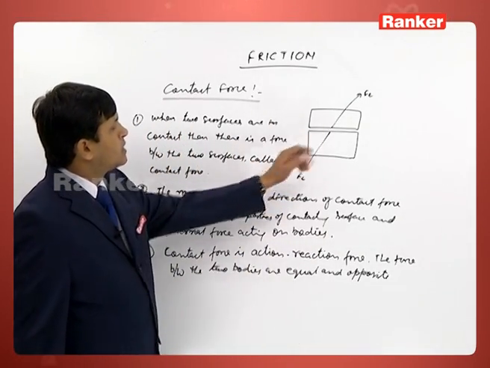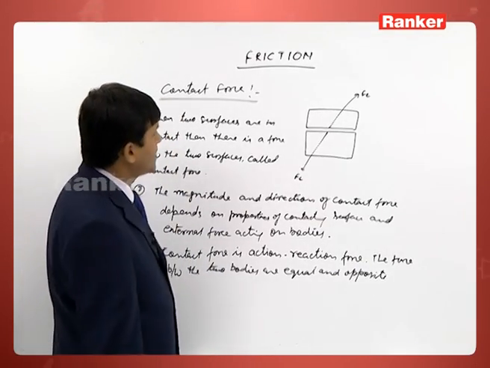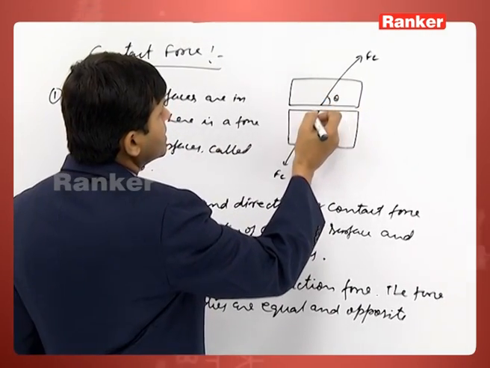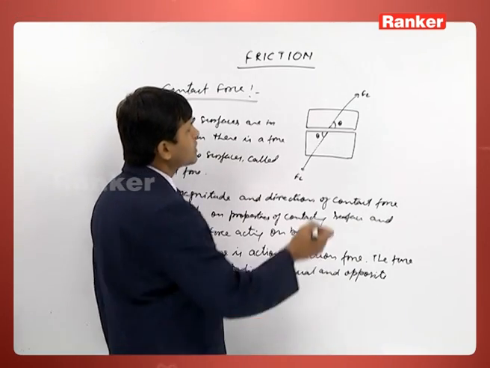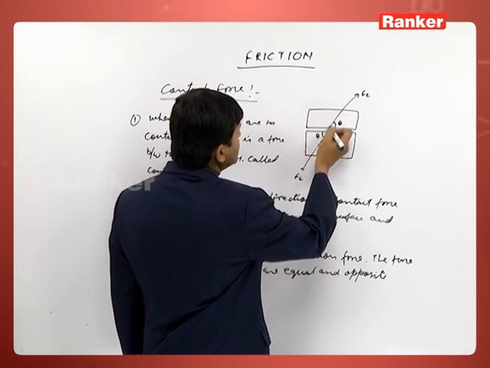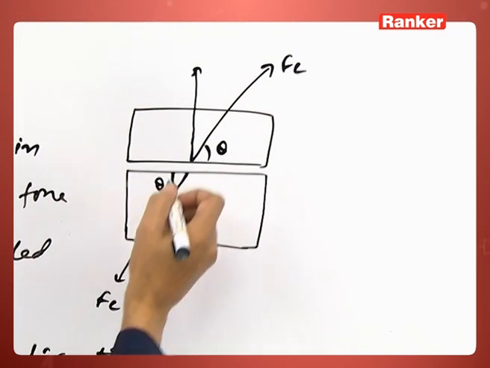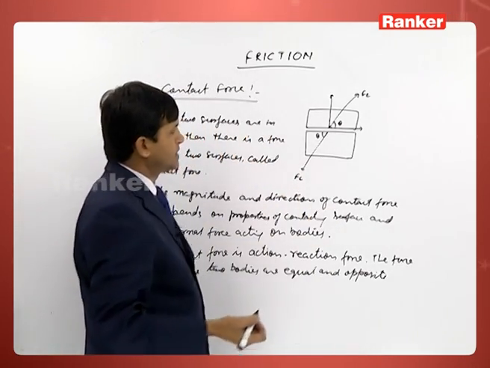Now there are two components of contact force. Let the contact force make an angle theta with the horizontal. One component of contact force is normal to the surface, another component is along the surface.